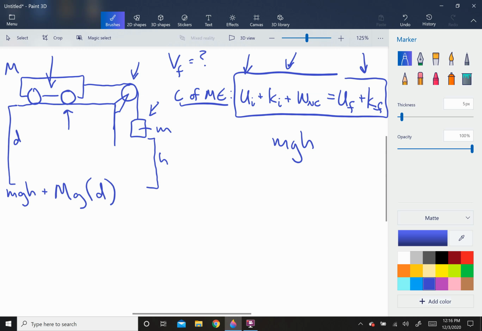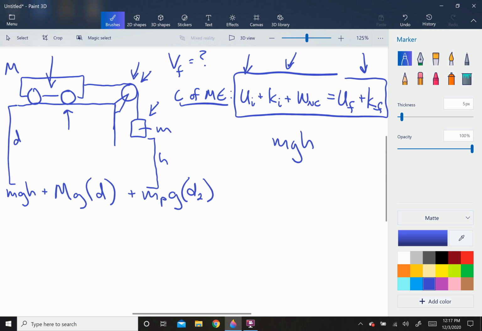So you see D and H aren't the same, right? And we wouldn't expect them to be because this block is hanging from a pulley. But I'm going to write big M, g, and D. Now, the pulley, I could say, has gravitational potential energy too, right? If the mass of the pulley, M_P, is up there, it has M_P, g, and then some other distance, D2, above the ground, right?